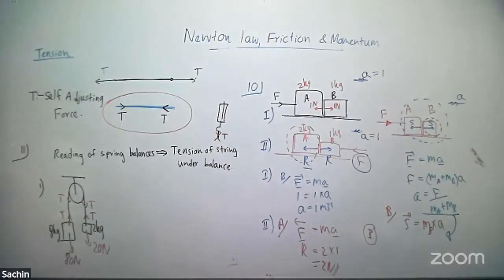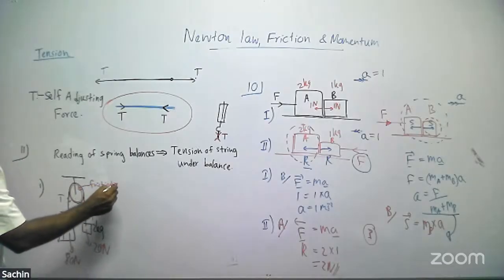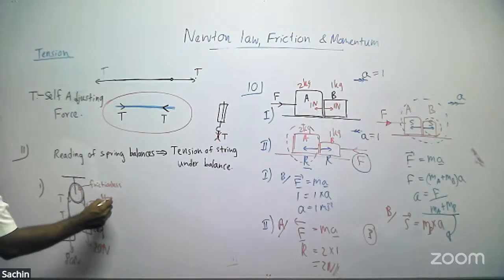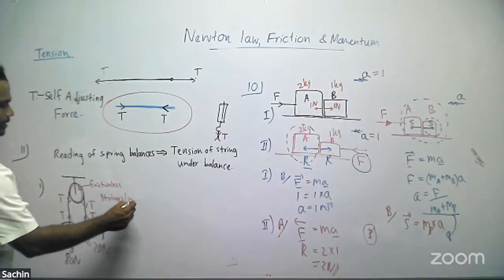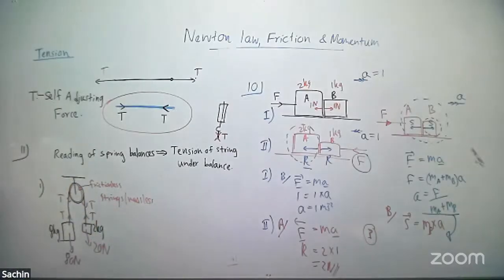And again, remember, when the pulley is frictionless and the string is massless, the tension is the same everywhere along the string. That means the tension on this side should be the same as on this side.